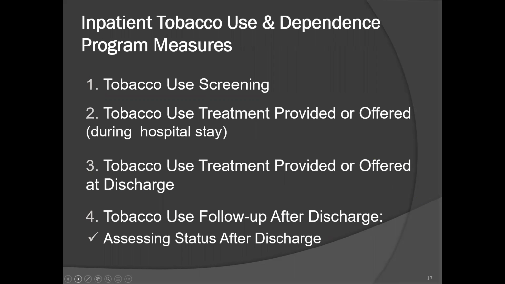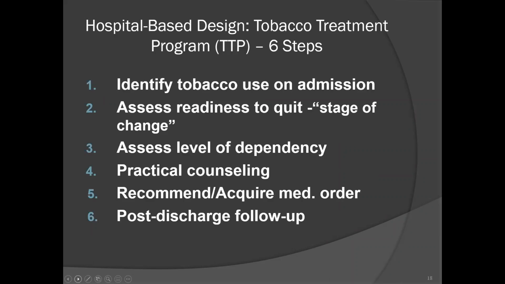So you get things like a nicotine patch, and some resources, and you get to speak to somebody professional about your tobacco use while you're in the hospital. You get a similar sort of regimen at discharge. And then you get this follow-up: how did we do post discharge?